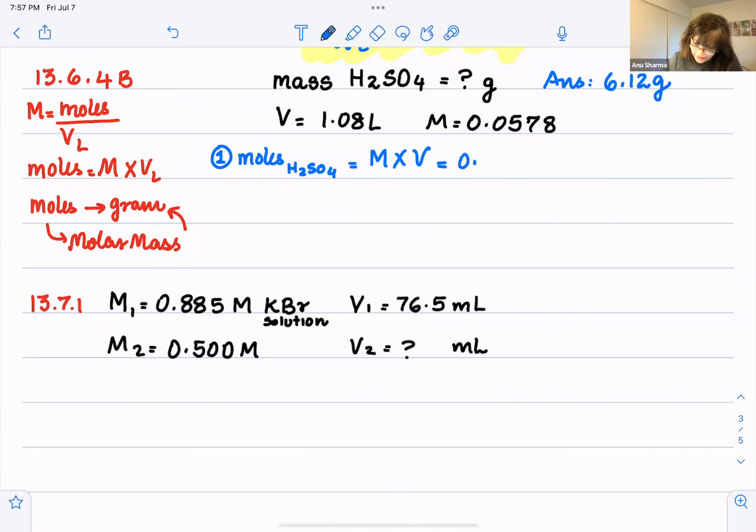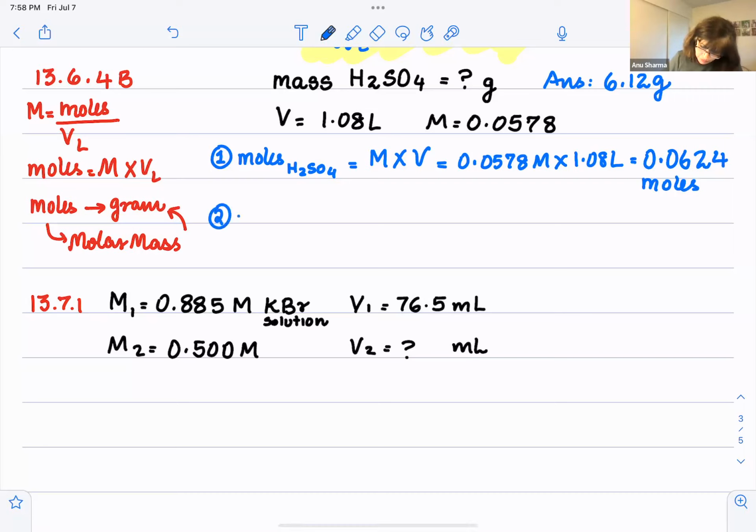Molarity is 0.0578 M times the volume, 1.08 liters. 0.0578 times 1.08 gives you 0.0624, three significant figures, that is the number of moles of H2SO4.